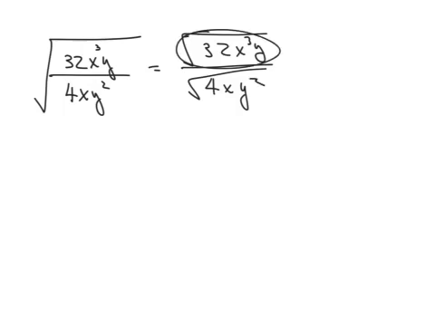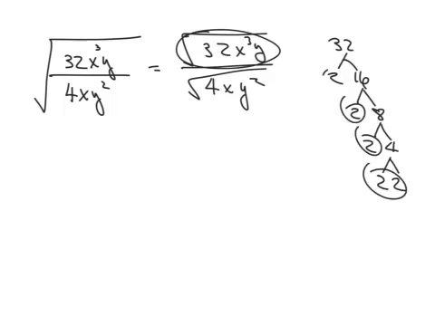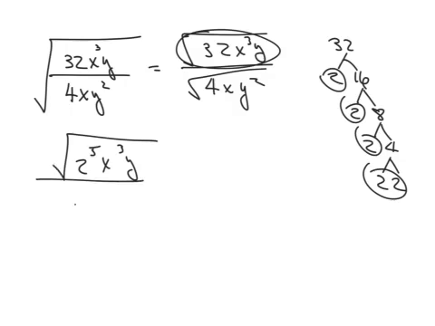So 32, if we use our factor tree, 2, 3, 4, 5. So 32 is 2 to the 5th over 2 squared. Okay, so this is simplified now.